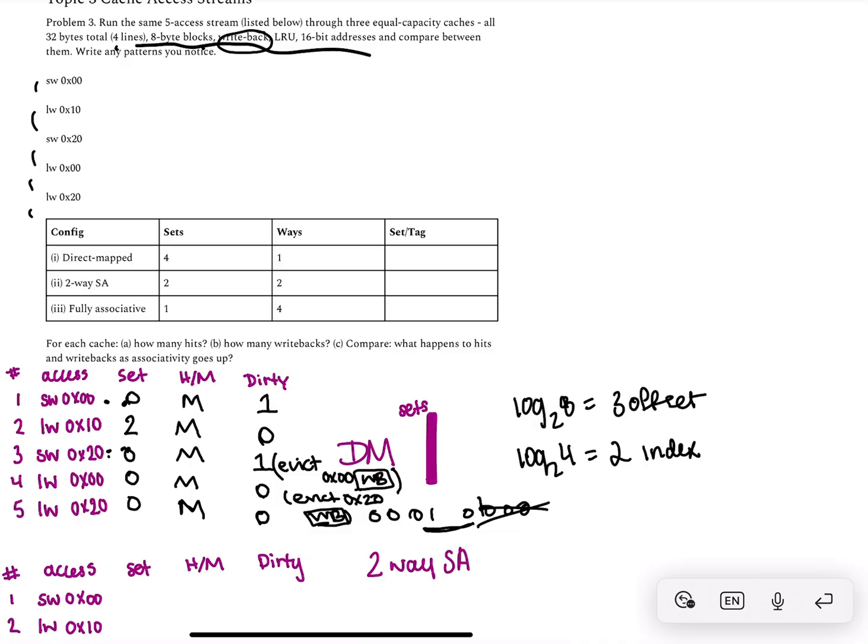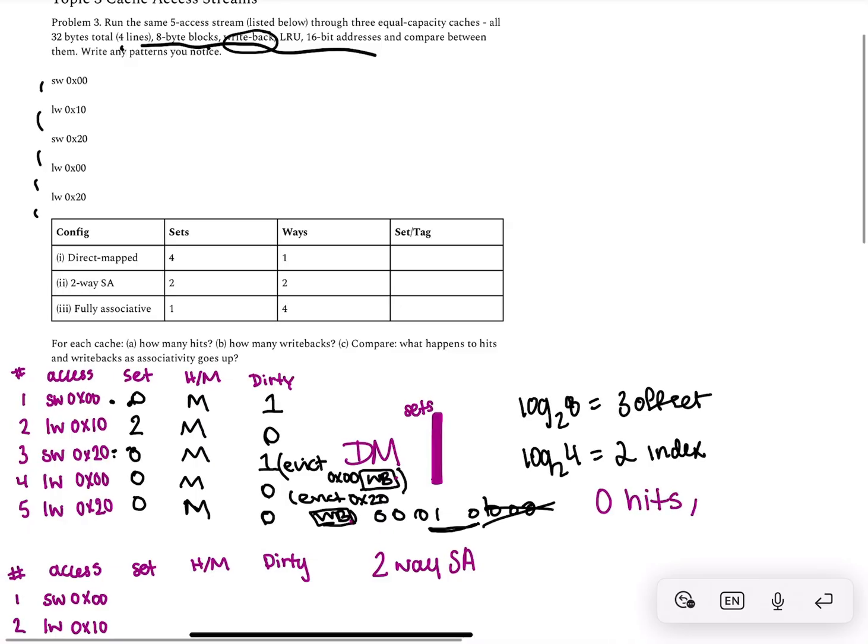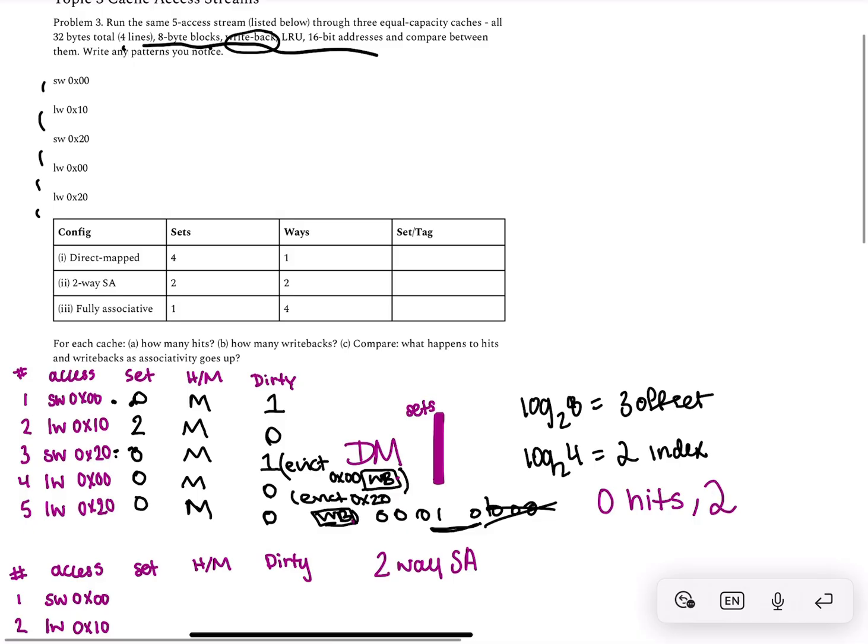And we don't need to write back either because the previous value, 0x00, was clean already. So for this, our final result, which I'll write in this color, is 0 hits. We haven't hit even once, and I've indicated where we wrote back, so that is 2 write backs. So that answers that question.